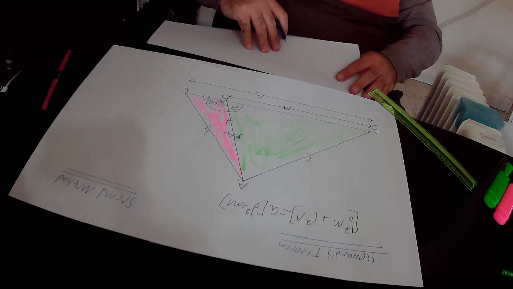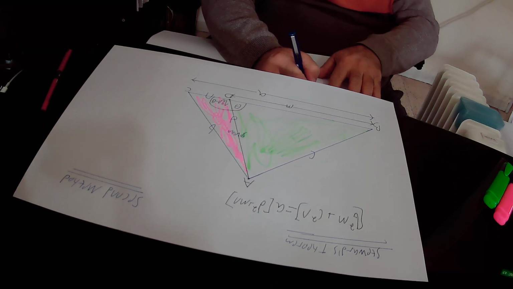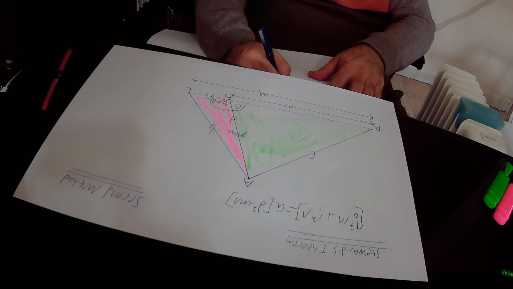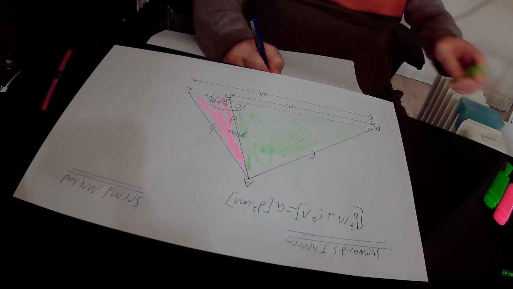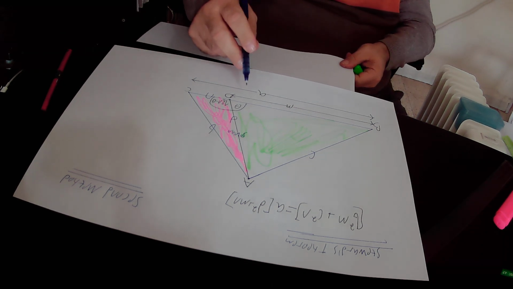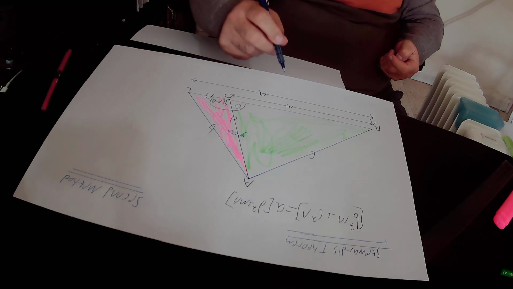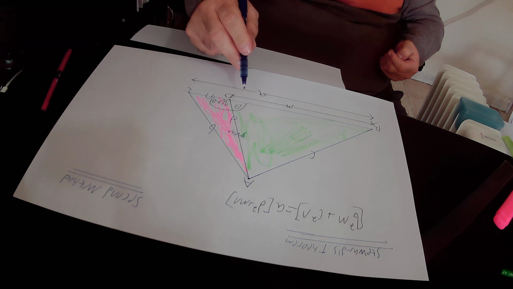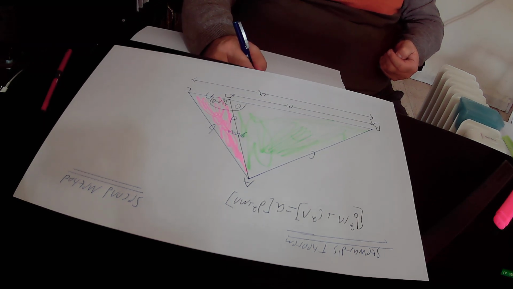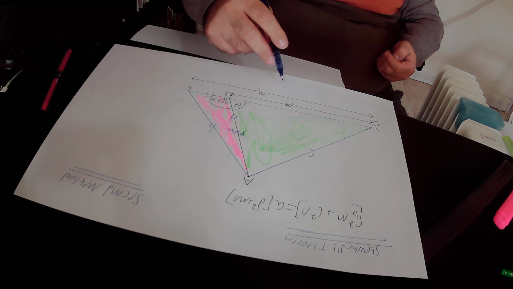Okay, so according to the law of cosines in the green triangle ABD, we get that cosine theta equals m squared plus d squared minus c squared over 2 times md.